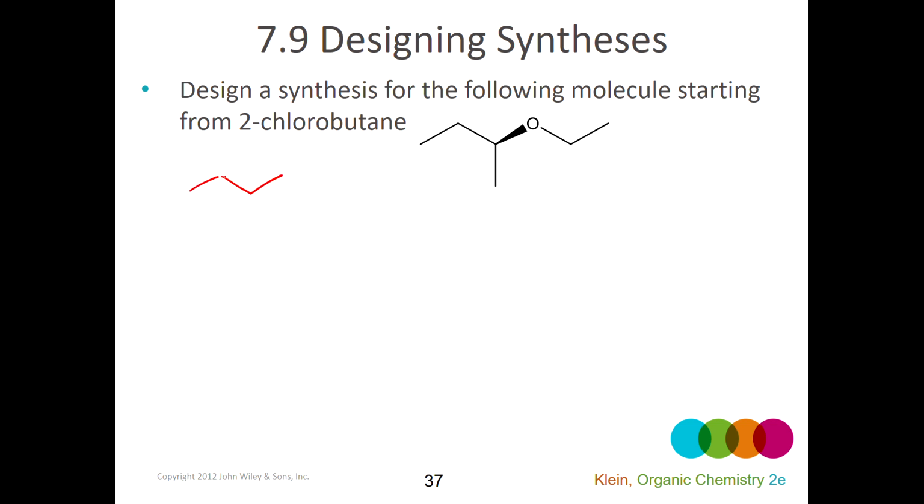So if I draw a butane and put a chlorine on carbon 2, I don't know whether it has a solid wedge or a dash wedge. I don't know if it's R or S, so I'll just draw it in there. Here I want the chlorine obviously to leave and be replaced. So if I number these carbons and then number these carbons, I can see that this group is meant to replace the chlorine on carbon 2.